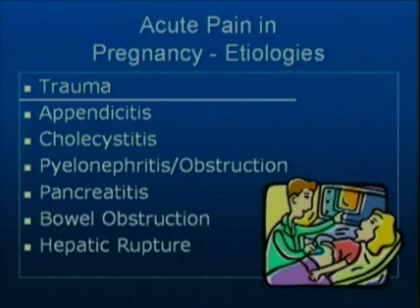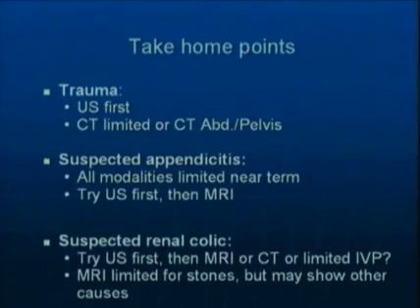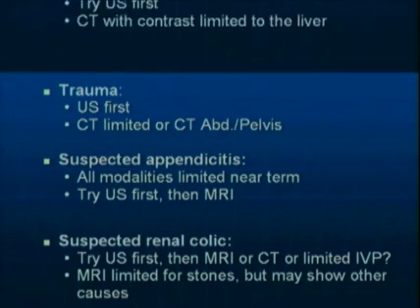So I'm sort of taking you through step by step all these different etiologies for acute pain in pregnancy, and I've not gone ahead and talked about any of the OB or GYN causes, but taking you through trauma and all the others. Again, almost in all these, ultrasound should be first, and then you can go ahead and try MRI or CT if needed.